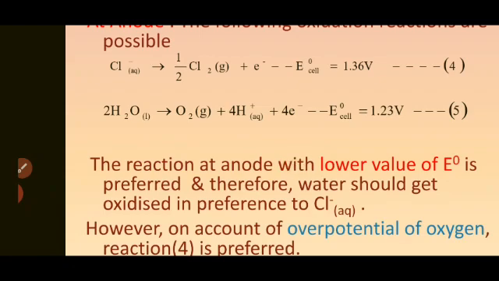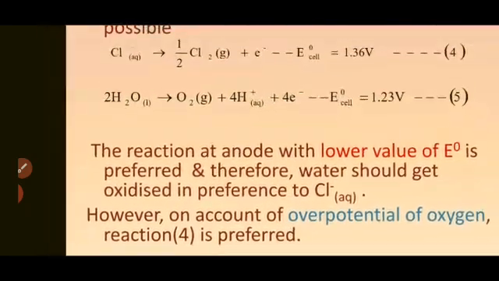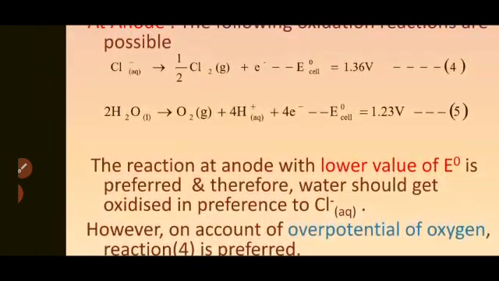That is, the fifth reaction should take place. But what happens? Due to the over potential of oxygen, to form oxygen the required voltage is very large. Though the voltage is given as 1.23 volt, in practice it is more.